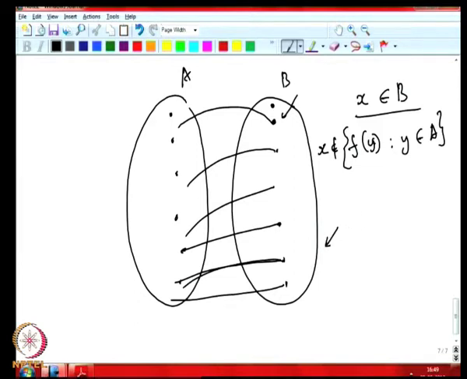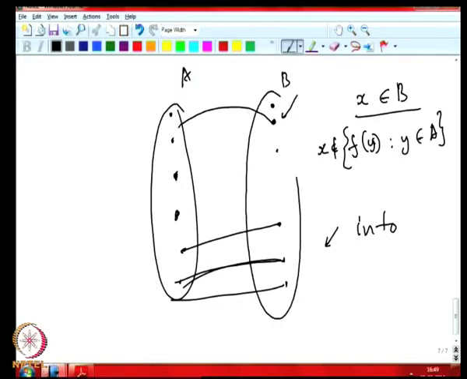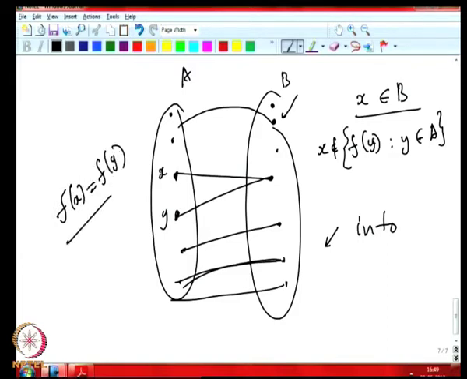And we know what an into function is. Into function means that if you take two elements on the A side, they will not have the same image. For instance, this is x, this is y. We will not have f of x equal to f of y. This is what an into function means.